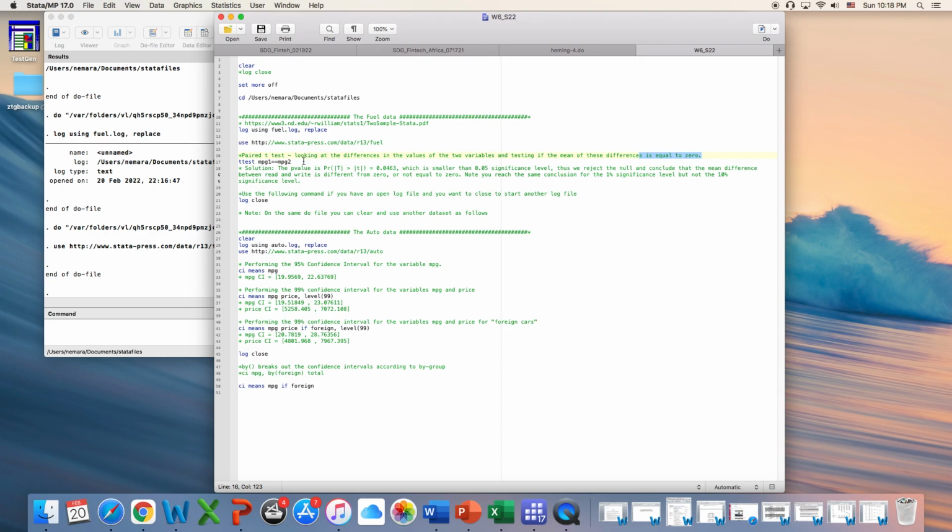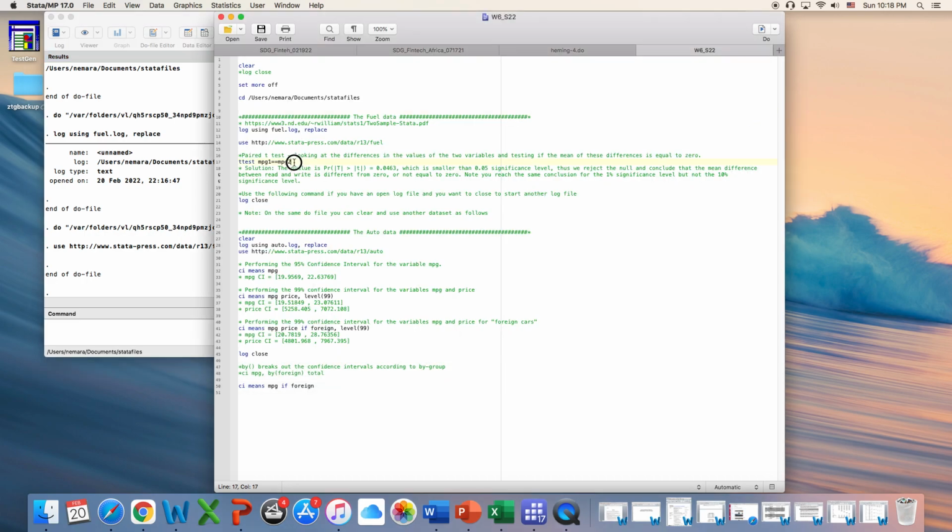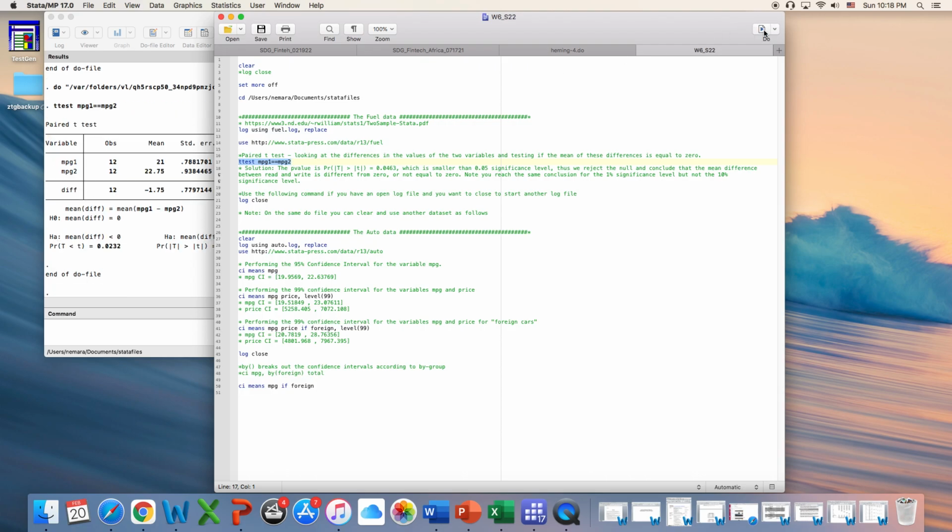You basically have two variables and you want to see whether they are the same. In other words, it doesn't matter whether you're doing the treatment or not. You test that by typing ttest, the first variable, equal the second variable, and then you execute it.